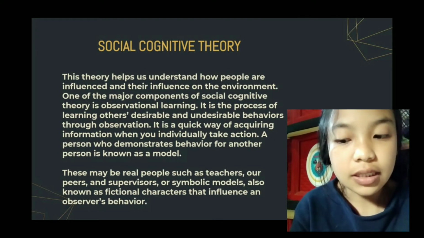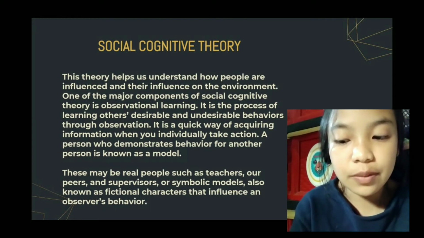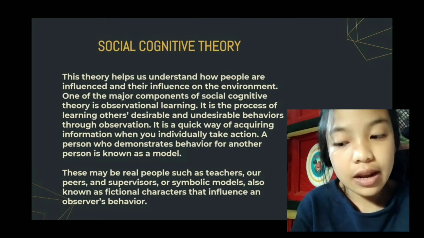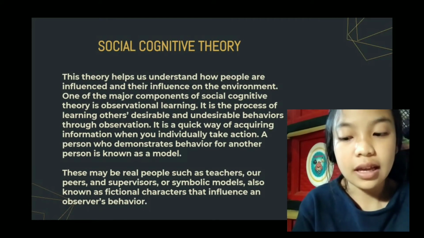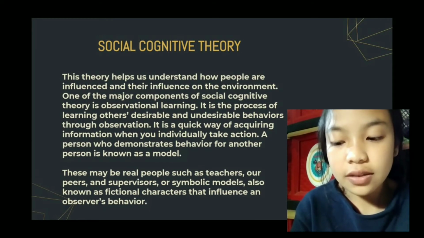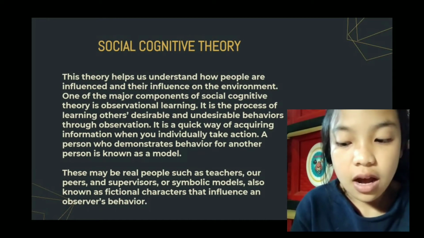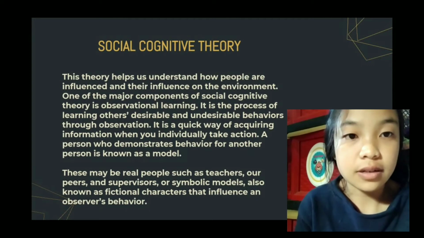It is a quick way of acquiring information when an individual takes action. A person who demonstrates behavior for other persons is known as a model. This might be real people such as teachers, our peers, and supervisors, or symbolic models, also known as fictional characters, that influence an observer's behavior.